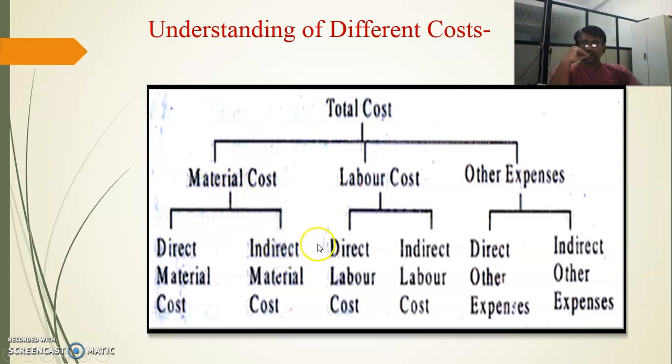The other, indirect material cost, direct labor cost, indirect labor cost, direct other expenses and indirect other expenses, will have the influence on the variable cost. So this can be understood with the help of the example. Now we'll understand with the help of examples.